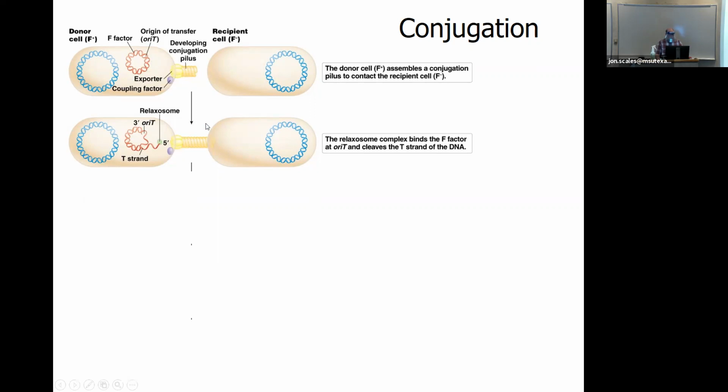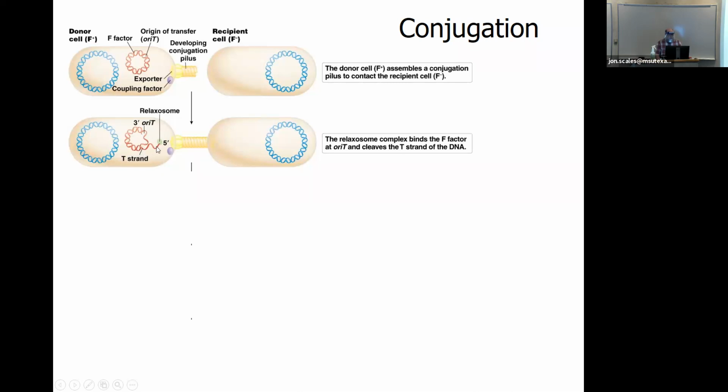You can make all the jokes you want. So if you have a pilus, you can connect to a cell that doesn't have a pilus, and it's a one-way transfer through the pilus from the donor cell to the recipient cell.